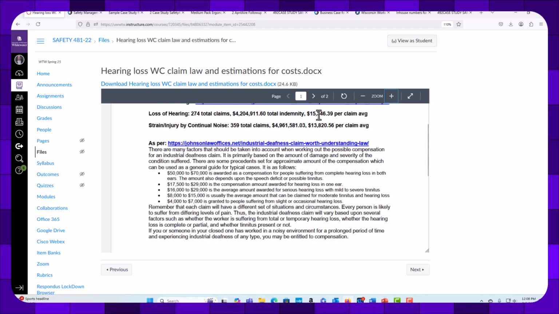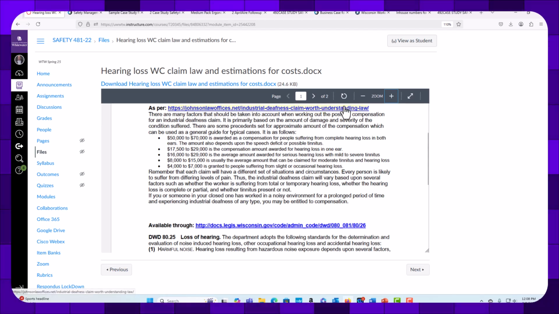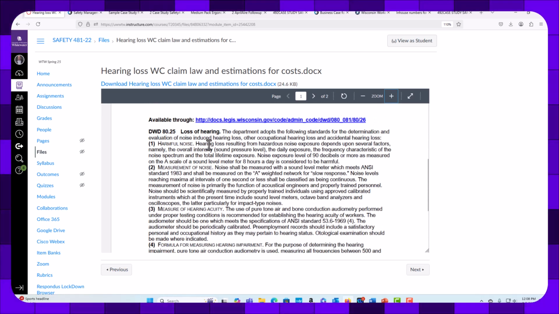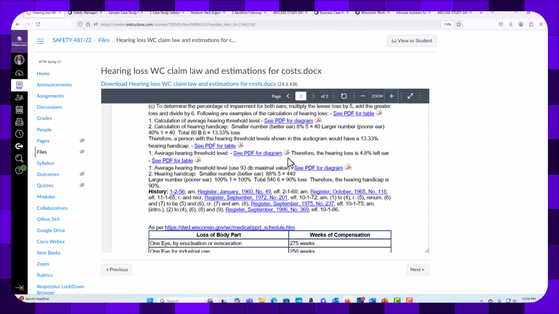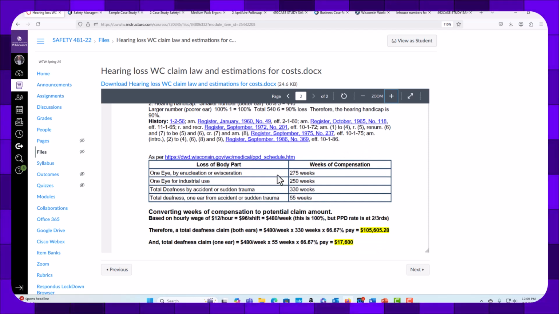So it's between 14 and 15.5. I went to a law office. They provided some data regarding hearing loss. I looked at the Wisconsin DWD code for hearing loss and what it means, and it kind of breaks down the costs associated with it.